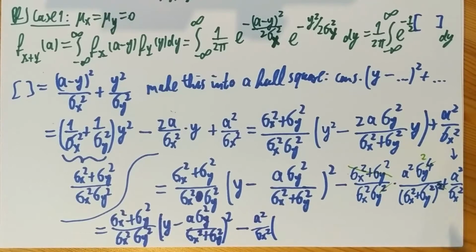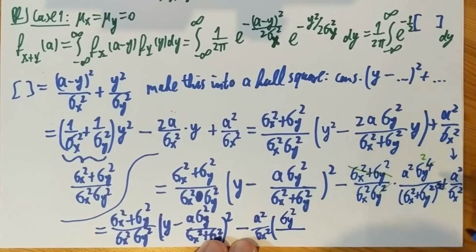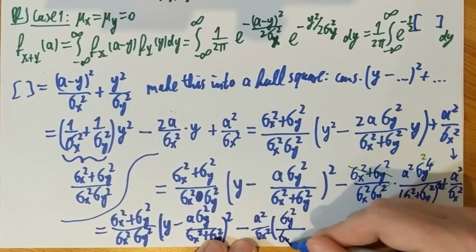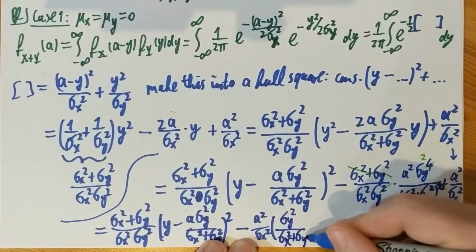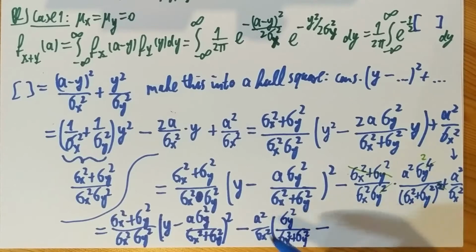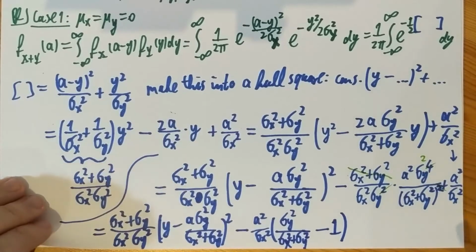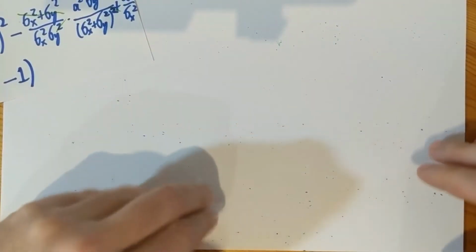Then I have a sigma y square over sigma x square plus sigma y square, and then I have a minus minus, these two minuses together will give me the plus, minus minus of, well, I factored out everything, so this is just a 1, okay, which further equals to, so now let's simplify this a little bit further.